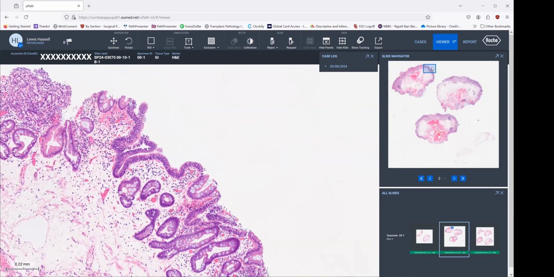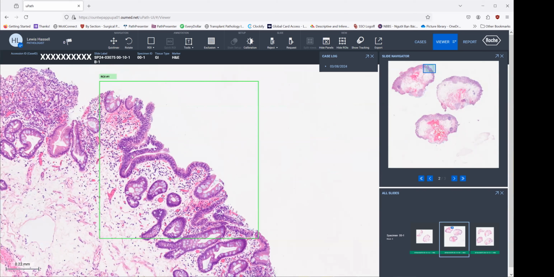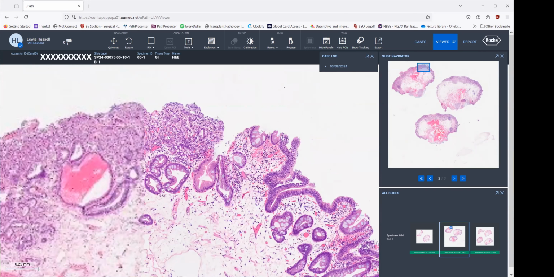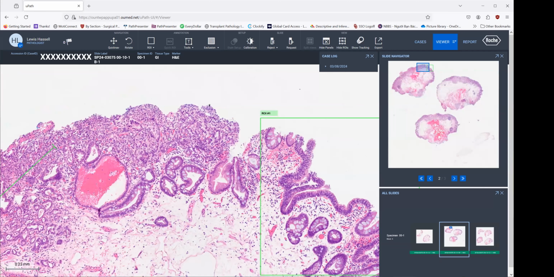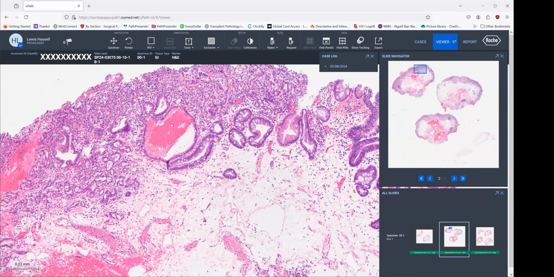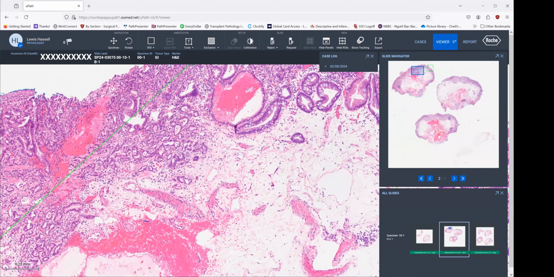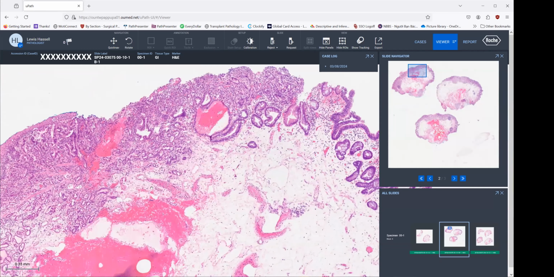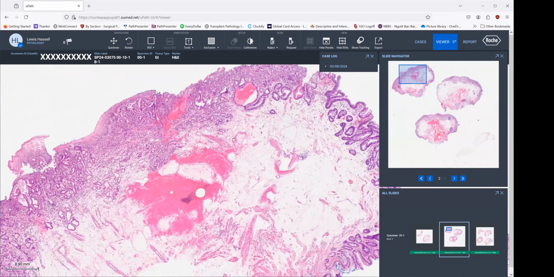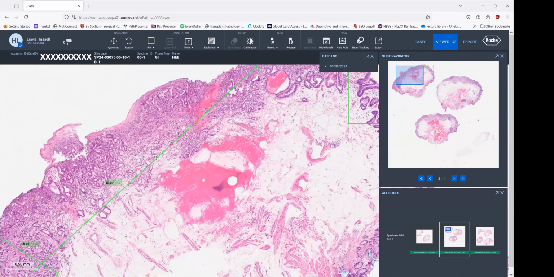By now, you'll probably be able to look at this and go, oh, this is low-grade dysplasia. And that right next door to it here, we have intramucosal carcinoma and actually an area of superficial invasion. Now, one of the nice things about digital pathology or digital slides is that you can measure things.